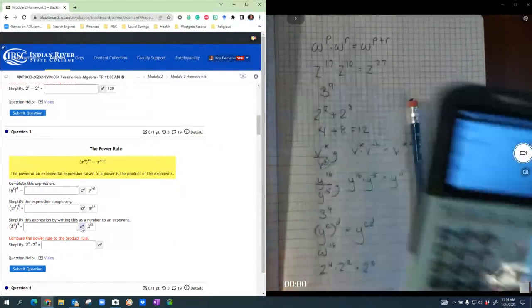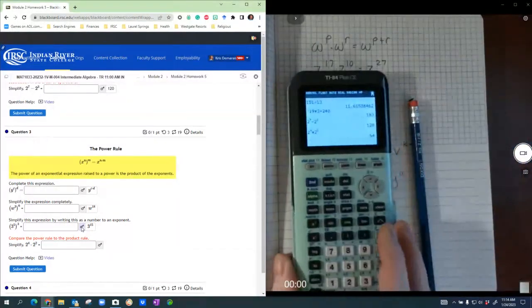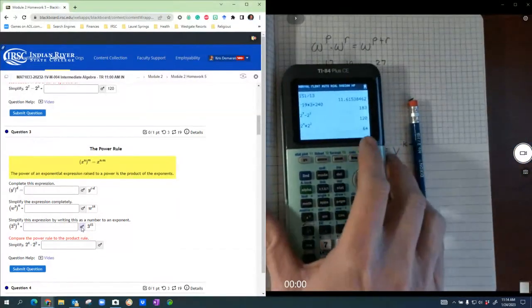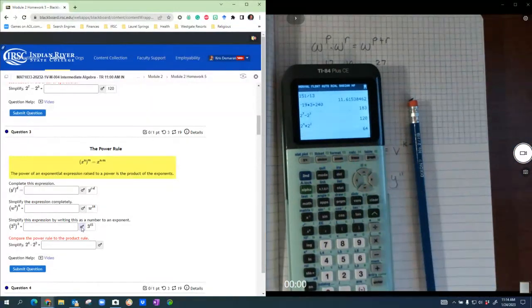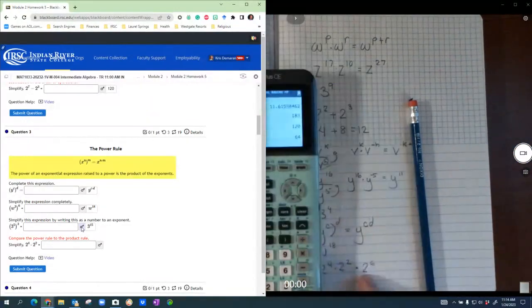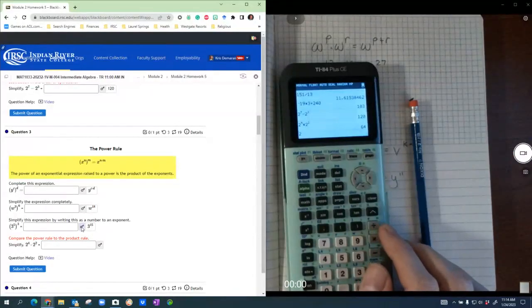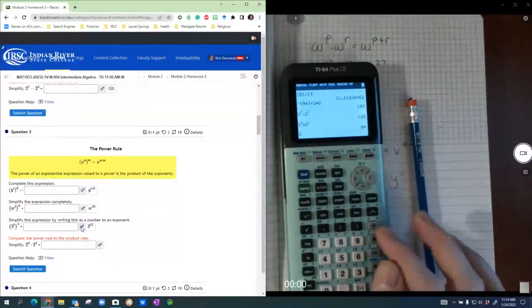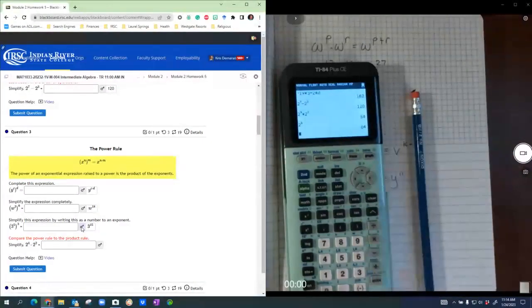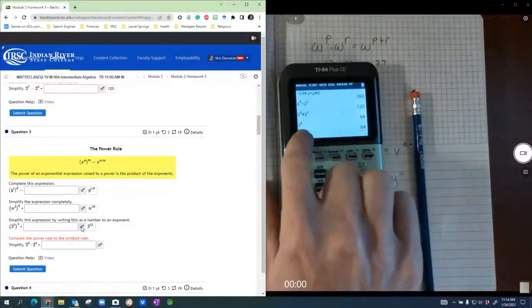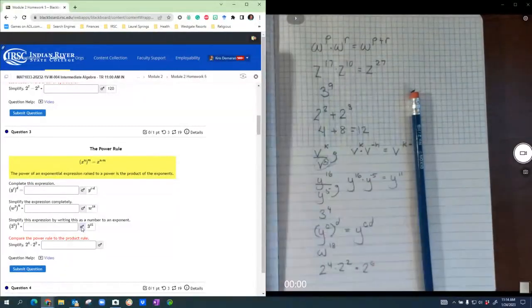All right, and then we get that. The calculator is automatically giving our answer, because what it's doing is taking 2 to the 6th power. Now, if it doesn't want us to put it as an answer, it's going to be where we just have 2 to the 6th power. But this one, I believe they want us to do 64.